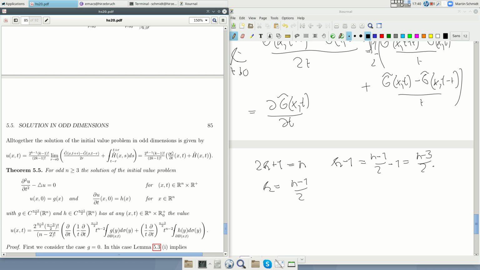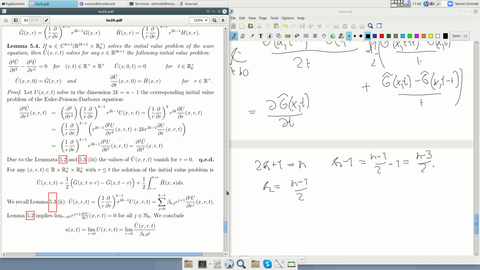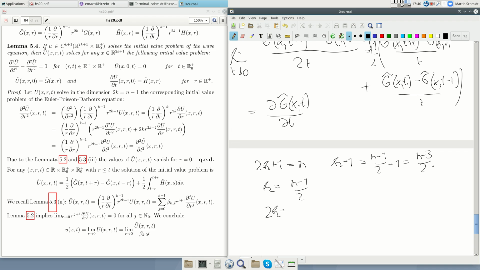What were the other terms which we had in this operator? This is 2k minus 1. Yeah, 2k minus 1.